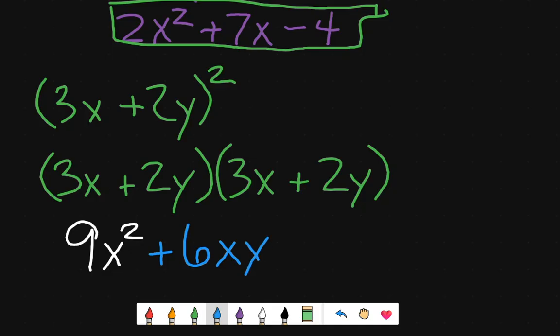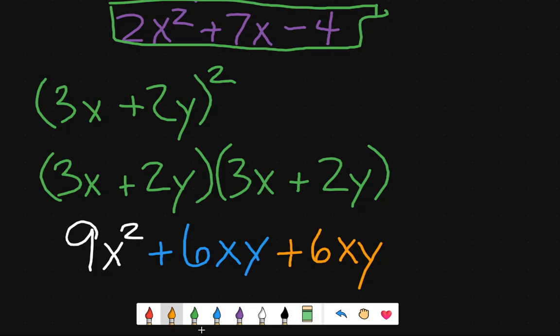Now, what are our inner terms here? The inner terms are 2y and 3x. So then we have to multiply 3x and 2y. And what's 3 times 2? If you said 6, you'll be correct. And then x times y is going to be xy.